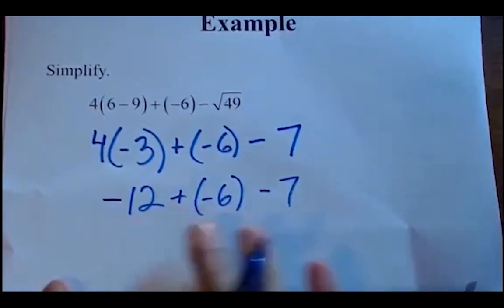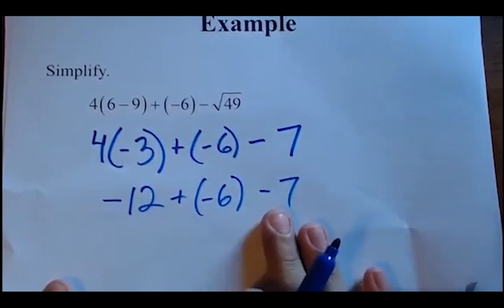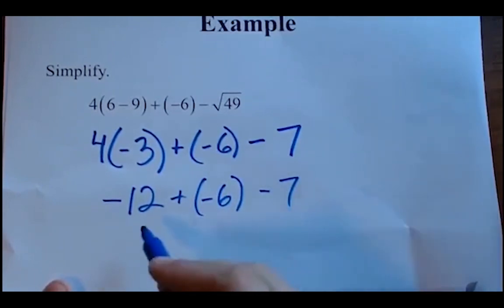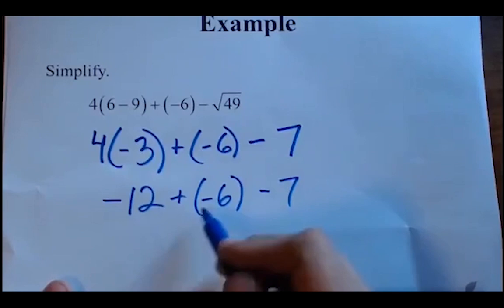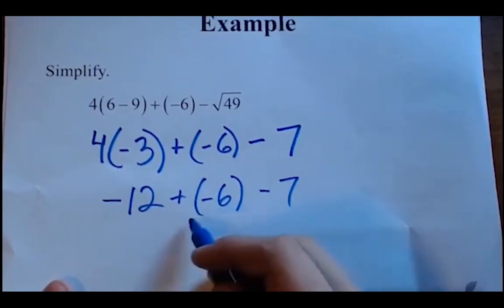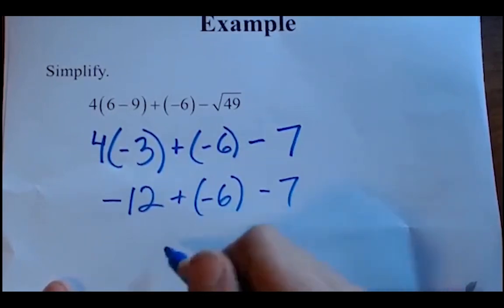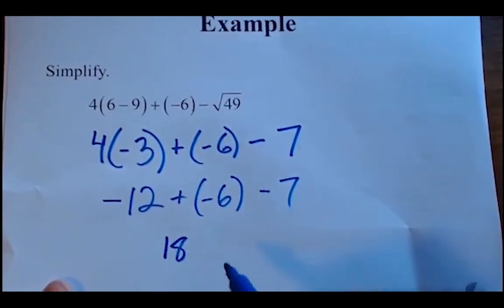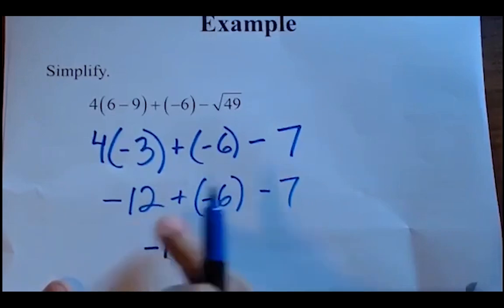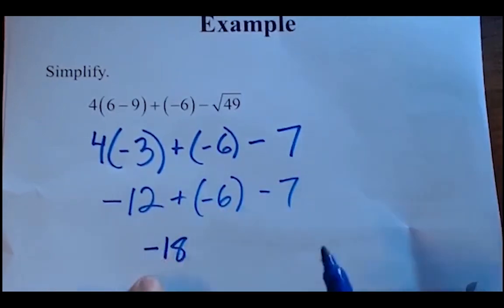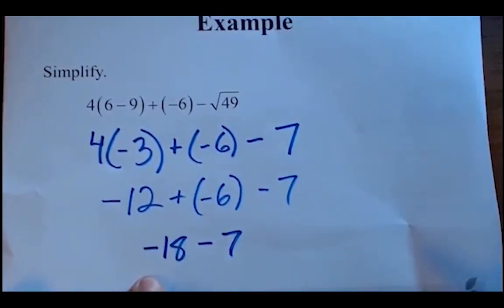We have to do addition and subtraction from left to right as we come to it. We're adding 2 numbers. They have the same sign. Their absolute values are 12 and 6. Add those together, we get 18. But they're both negative numbers, so it's negative 18. Negative 12 plus negative 6 is negative 18. Minus 7.